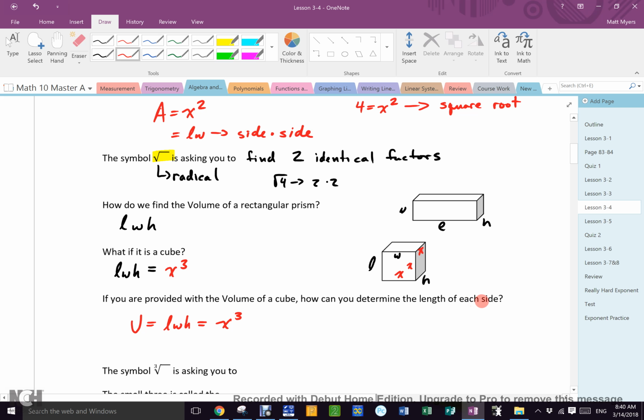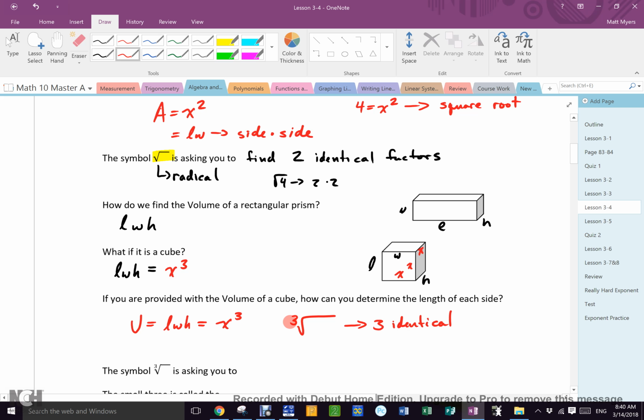How could I find the length of each side? Well, when it was a square, we used a square root. We found 2 identical factors. Now it's a cube. I'm still looking for a root, but now I am looking for 3 identical factors. And how do I differentiate between 2 and 3?